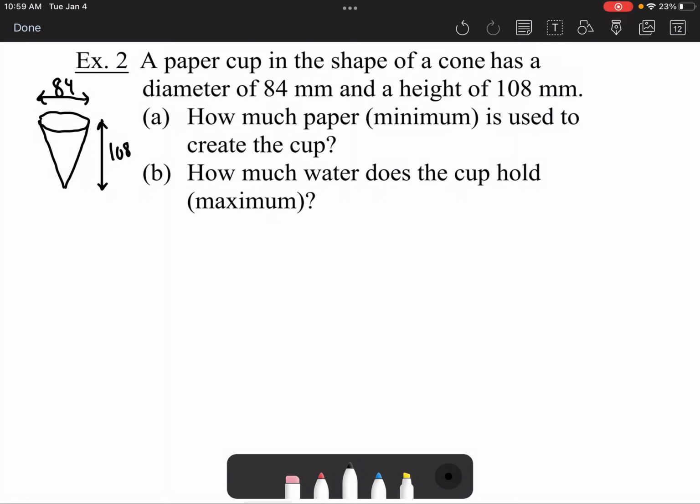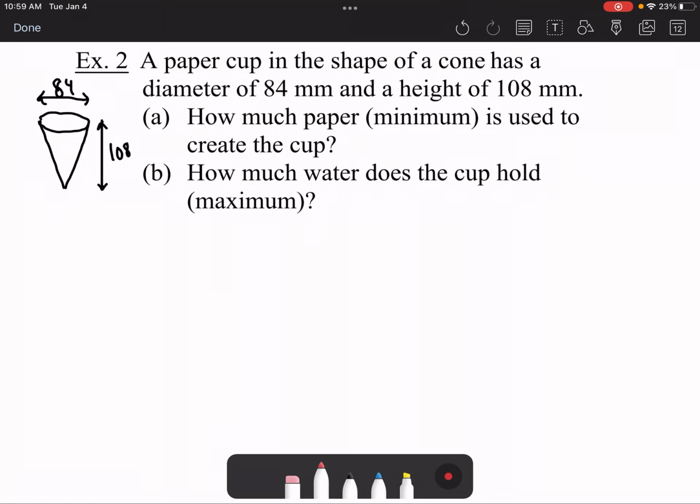Assuming that the actual thickness of the paper doesn't matter here, we're going to calculate how much paper is used to create the cup, and then how much water the cup actually holds.